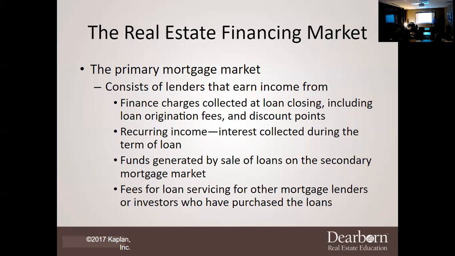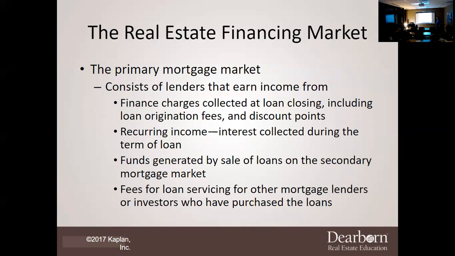Primary mortgage market is where you go to borrow money. You go to the bank, you go down to your local Bank of America, Chase, any of those, Capital One. They are all classified as the primary market. Okay, so these are individuals where you yourself go to get a mortgage.